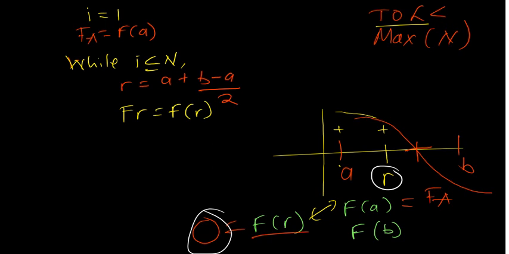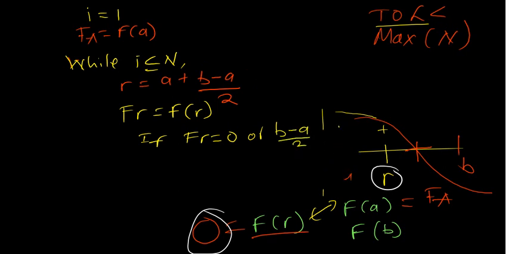And what has happened now? We're trying to ask ourselves a question: is f(R), the function of R, equal to 0? I said this part is very important because we are comparing it against the tolerance.